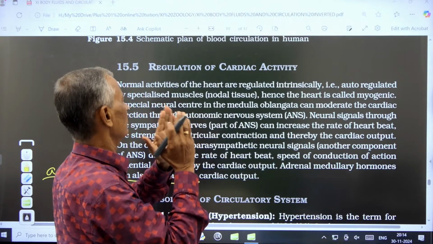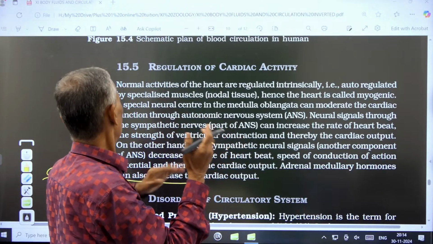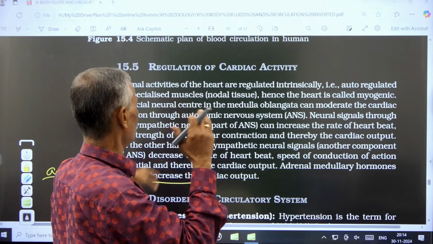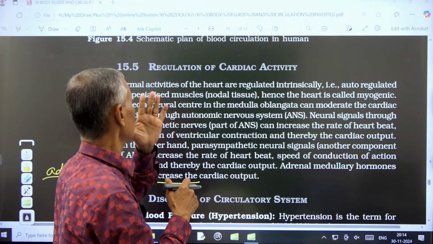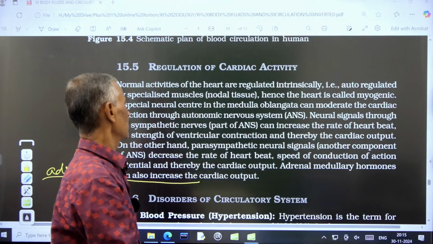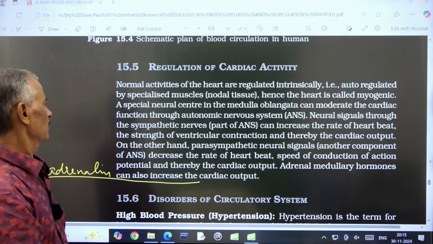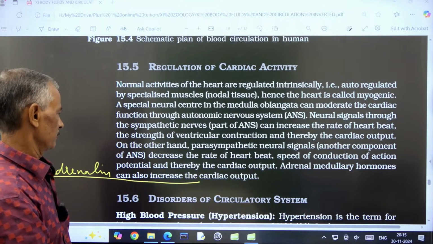Cardiac center will activate either sympathetic system or parasympathetic system. If sympathetic system is activated, it increases the cardiac output, and in contrary, if it is through the parasympathetic system, it will reduce, come back to the normal situation. That is how heart is controlled in its functioning.